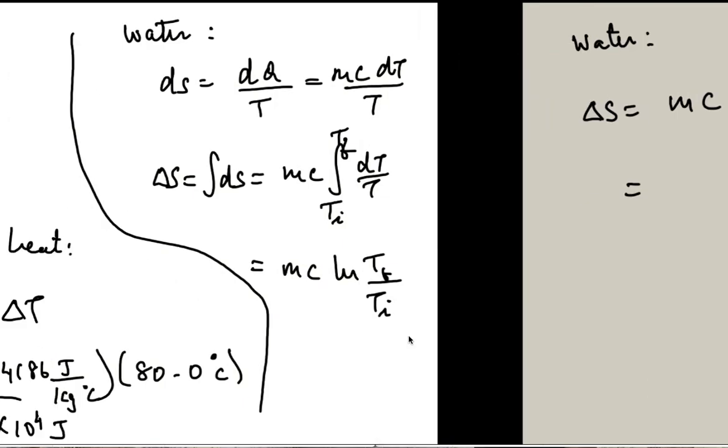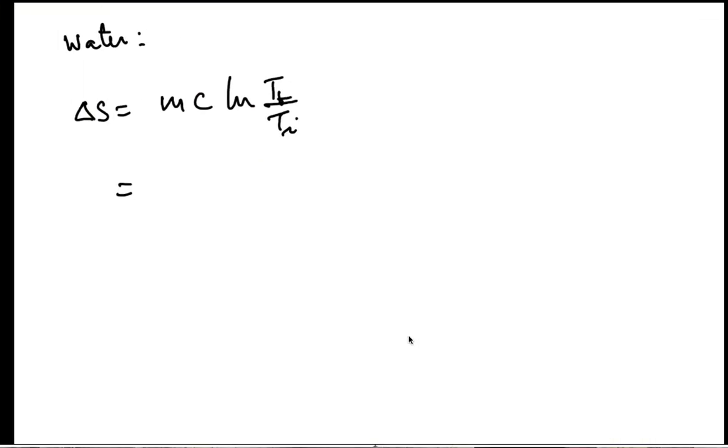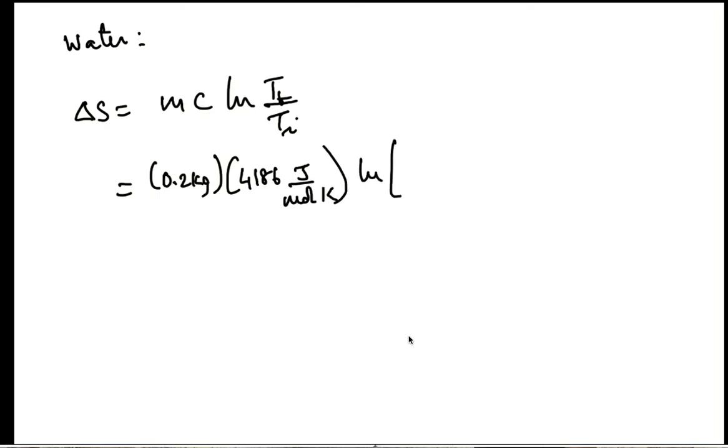which is 0.2 kg times 4186 joules per kg per Kelvin, log of 80 degrees, which is 353 Kelvin, divided by 273 Kelvin.